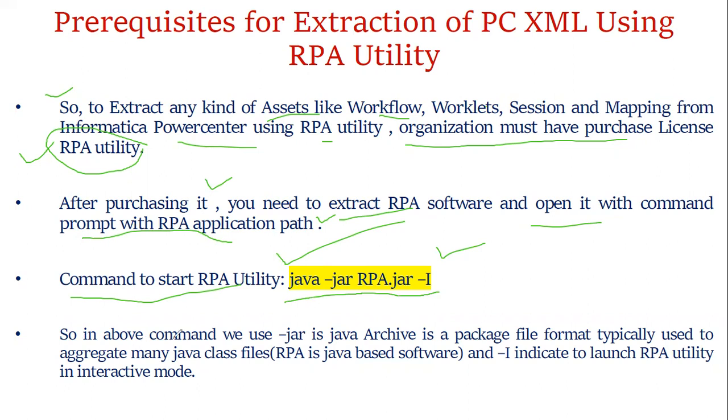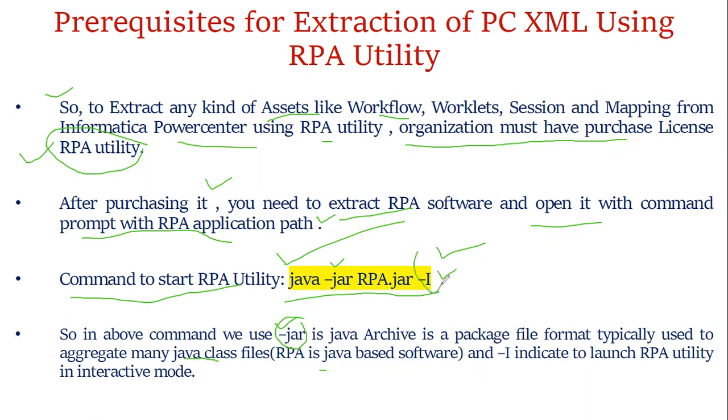In this command, you can see the java -jar option is utilized because jar stands for the Java archive package file format, typically used to aggregate many Java class files. RPA is a Java-based software, so the various packages of this RPA software are combined into a single jar file, and we are running the jar file to launch the RPA utility.